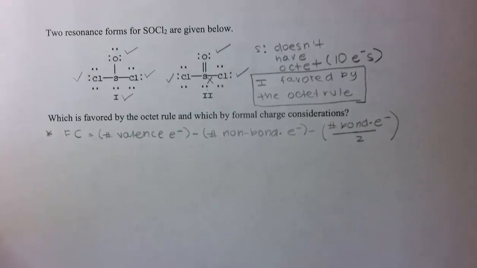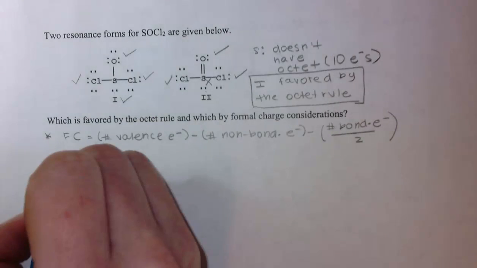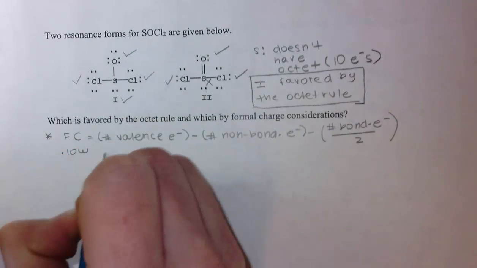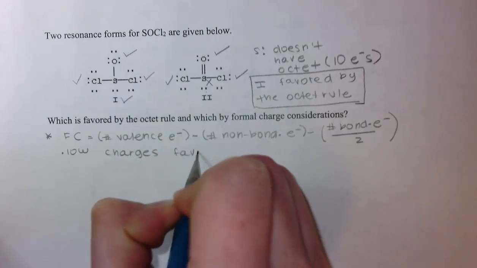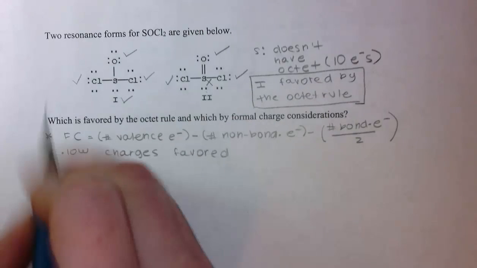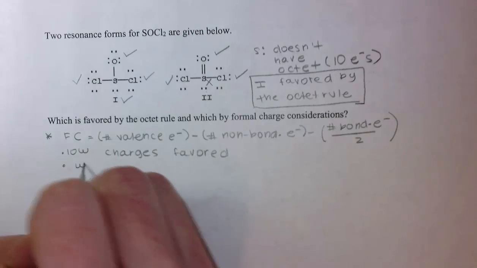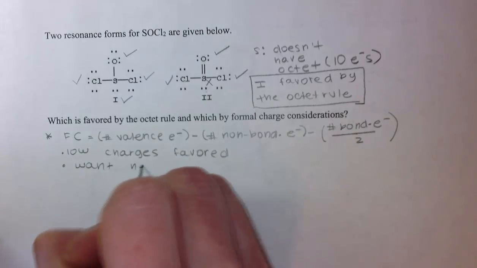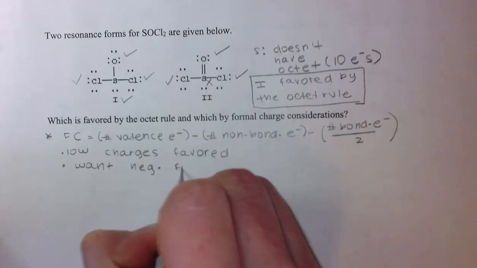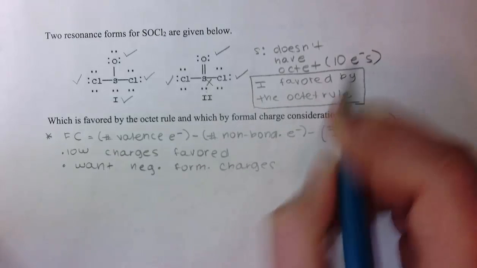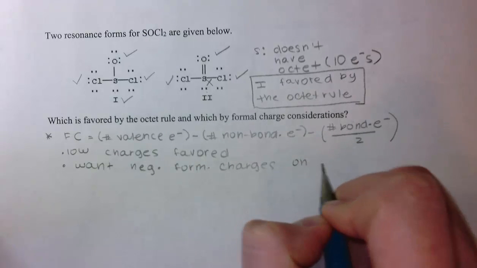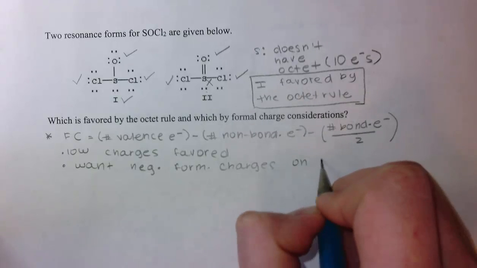A couple things to look out for when assessing formal charges is that low charges are favored. Additionally, we want negative formal charges on the more electronegative atoms.